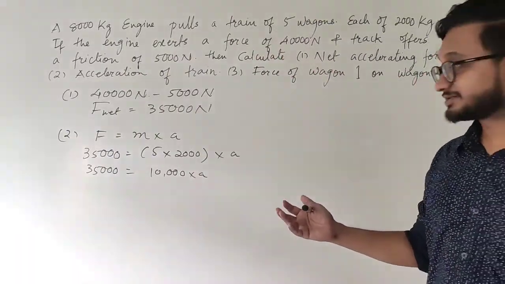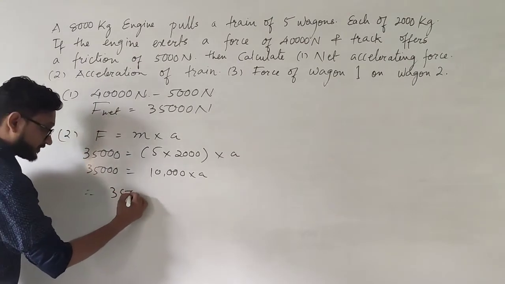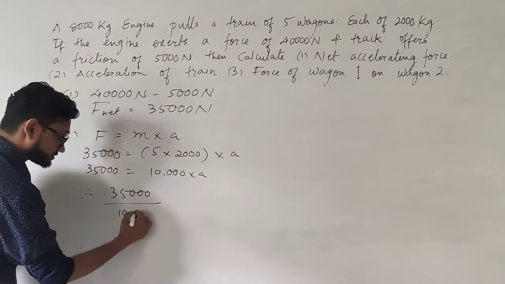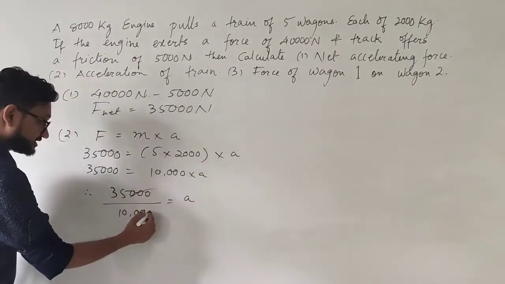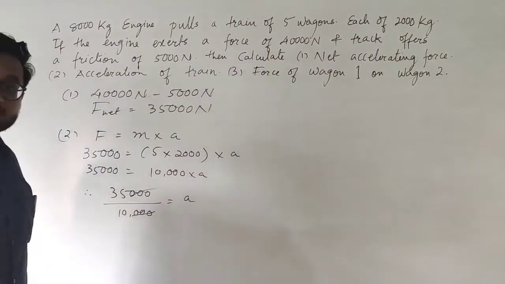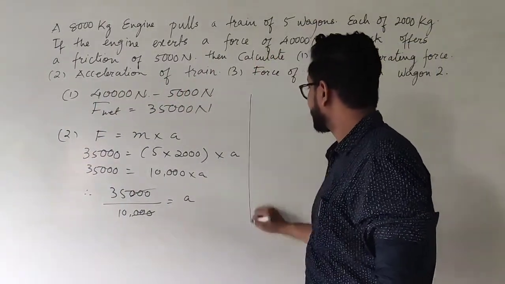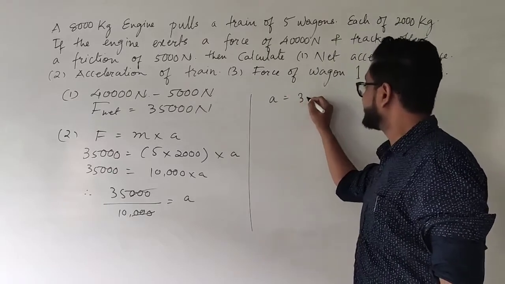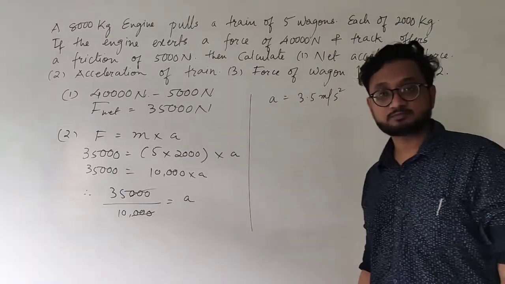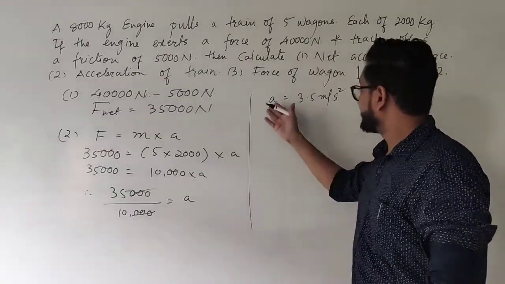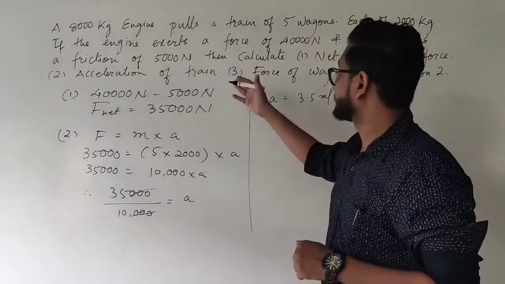Simple cross multiplication at this point. So what you get is, therefore, 35,000 upon 10,000 equals acceleration. Cancelling 3 zeros, now what we have is 35 upon 10. So the final answer, you can say that acceleration A is 3.5 meters per second square. Okay, so you have the acceleration. This is the second part of the question.